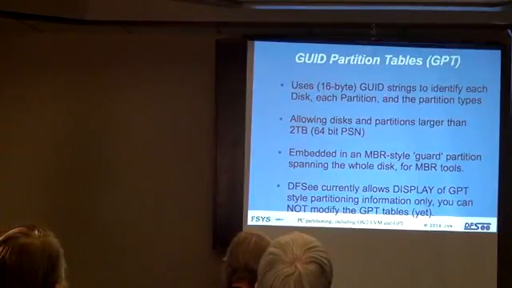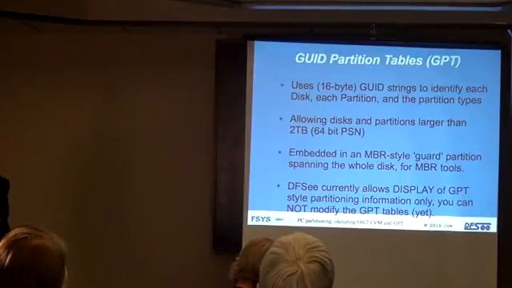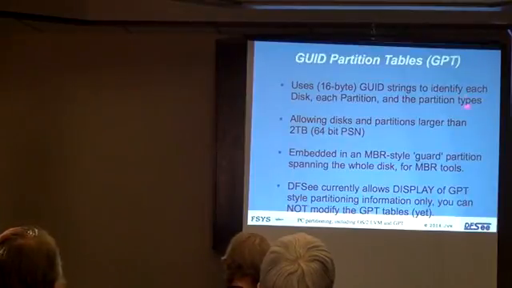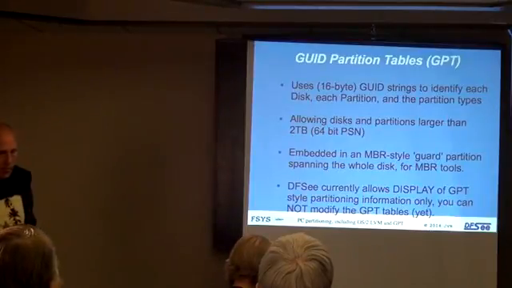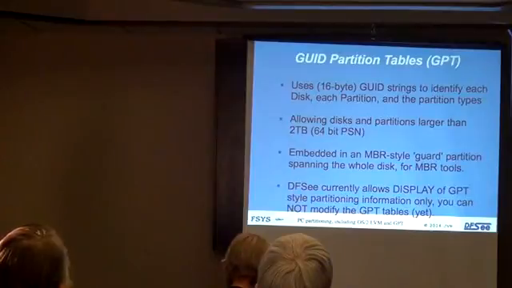The other is that there's a GUID for each partition type. So instead of a single byte, like 07 or 35, whatever the partition type, there's now a GUID string to describe lots of standard partition types.